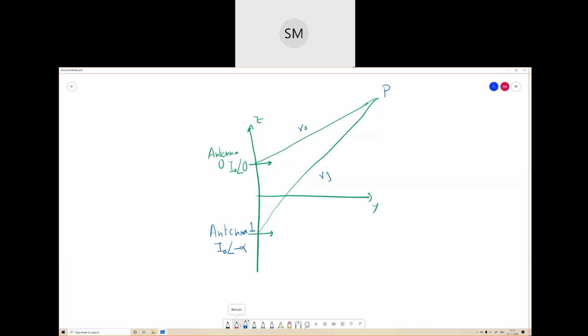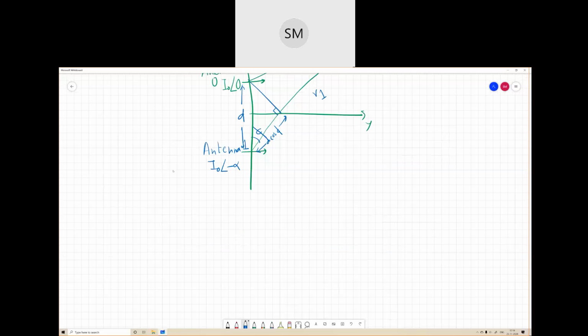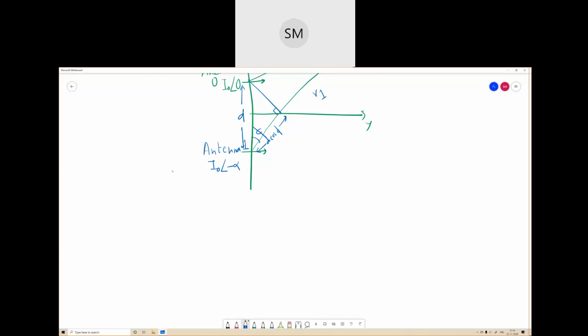The mutual separation between the antennas is D. This angle we have defined to be phi. So obviously, as we had seen many times, this distance is D cos phi. This is basically a repetition of what we had done already. Nothing new. But this topic I didn't cover in the lab, so I will do it.